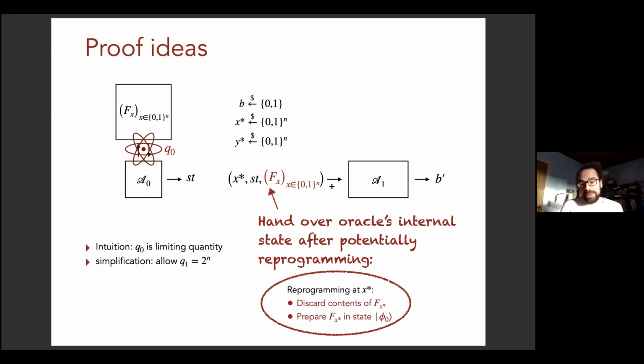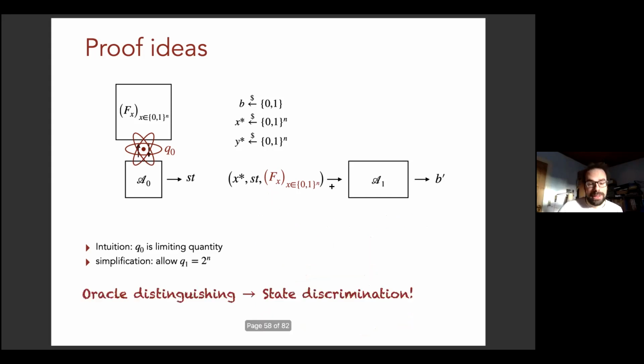So that's great, because now the whole oracle distinguishability task for A1 has been transformed into a state discrimination task, right? A1 gets as input this internal state that might be quantum and these registers from the oracle. And now it just has to distinguish whether the oracle was reprogrammed or not. So it has to discriminate between these two cases, which implies two different input states for A1.